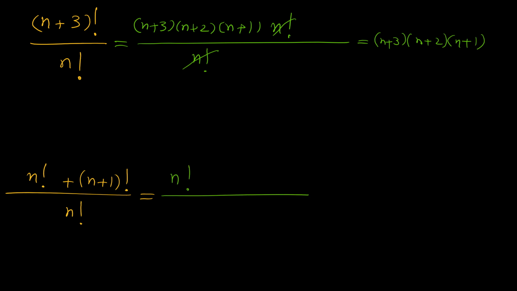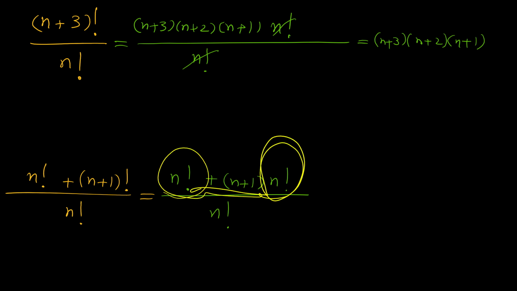We keep n factorial here. For the next term, n plus 1 factorial, we know that it is n plus 1 times n factorial, all over n factorial. Look at the numerator. In both of these two terms, we have this common term, so we can factor the common term between these two.